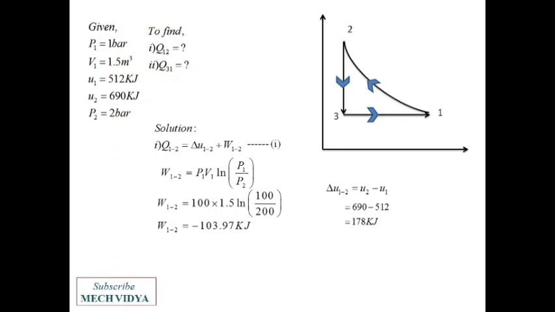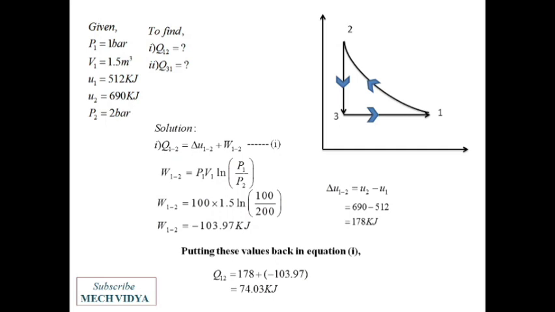Now we have found work done and del U for this process, so we fit these values in equation 1 and get the heat transfer during the process 1 to 2. So 178 minus 103.97 comes around 74.03 kilojoule.